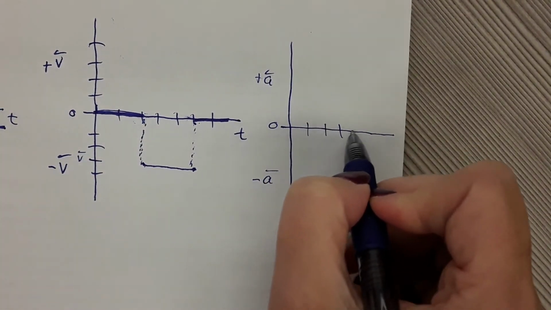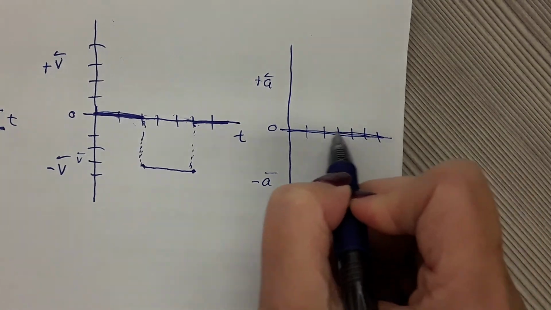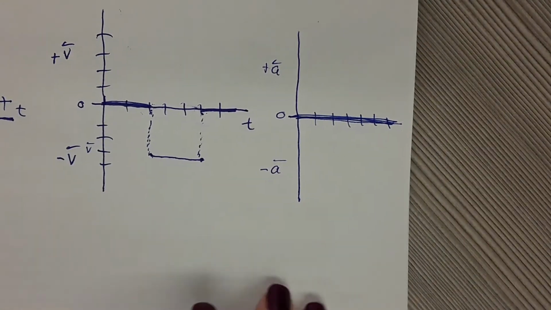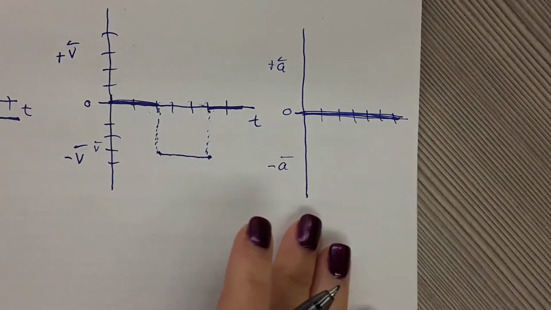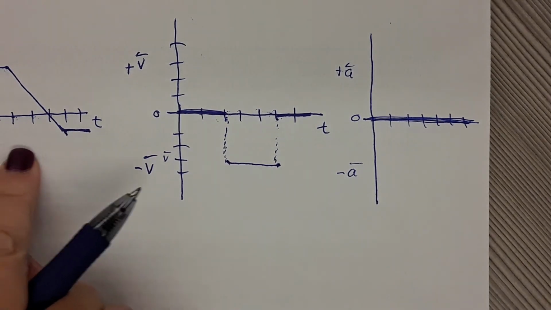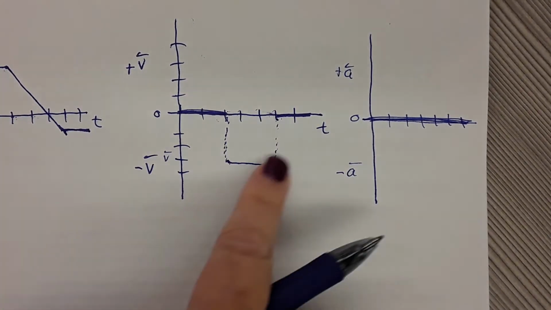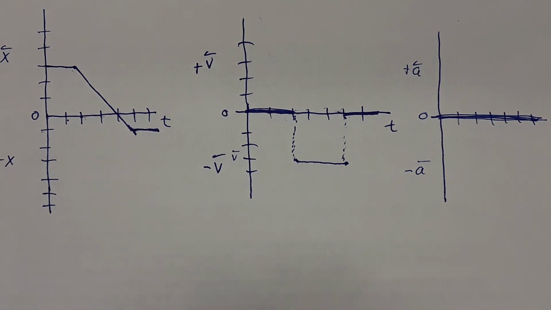For all of those ticks in time, you have 0 acceleration. So that's the acceleration graph for this motion, and this is the velocity graph for this motion. Okay, that's what you're going to be doing on your assignment tomorrow in class or at home.